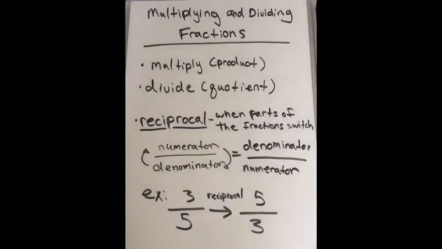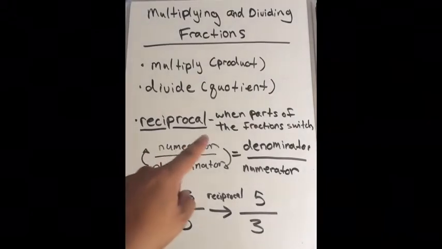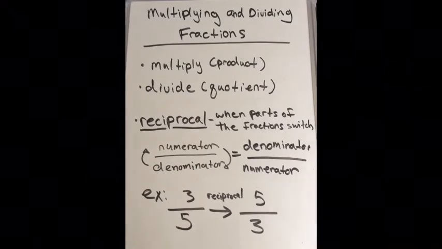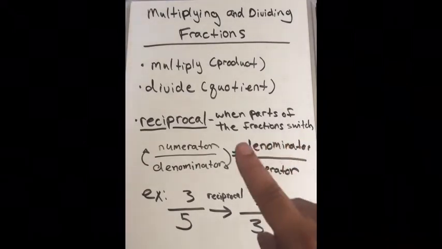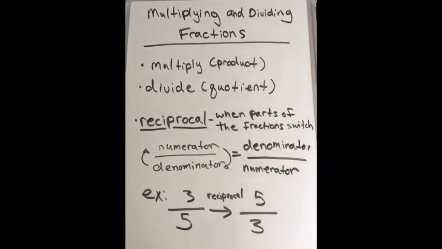What's new in this video is a new term called the reciprocal. For a fraction, the reciprocal is when the parts of the fraction switch. The parts of the fraction are the numerator and the denominator, the number on top and the number on bottom. To find the reciprocal, we switch them. The denominator goes on top and the numerator goes on the bottom.